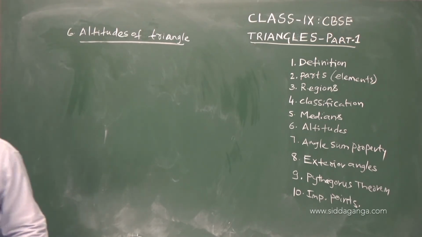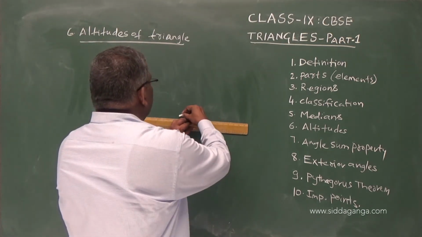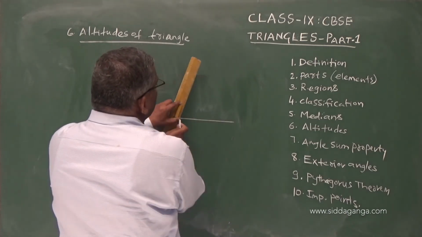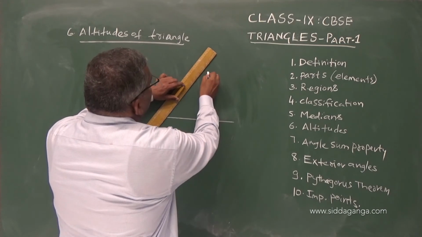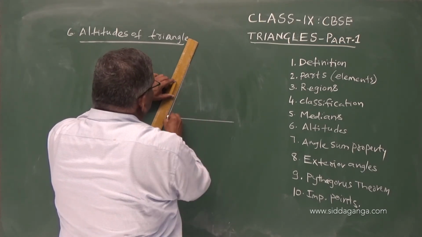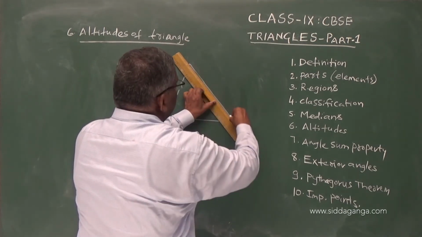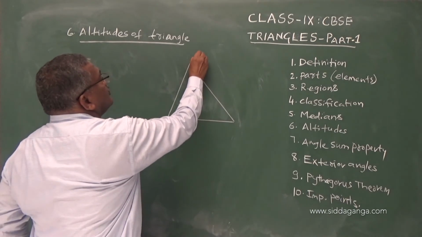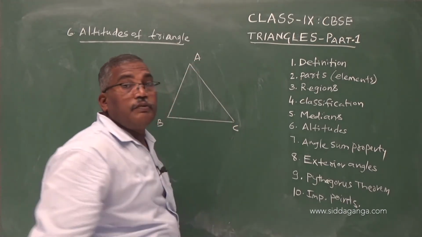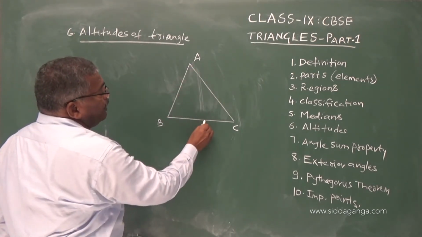Now, observe here. Suppose you have a triangle ABC. This is triangle ABC. So we know that the vertex is joined to the midpoint of BC.